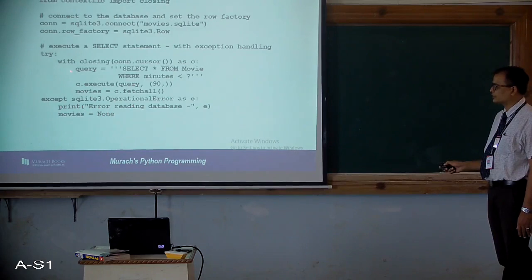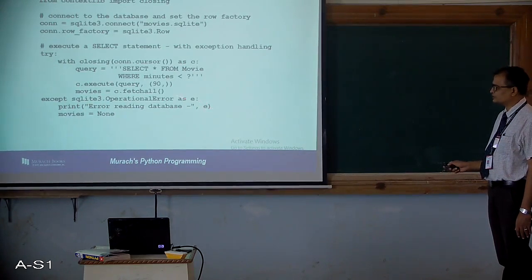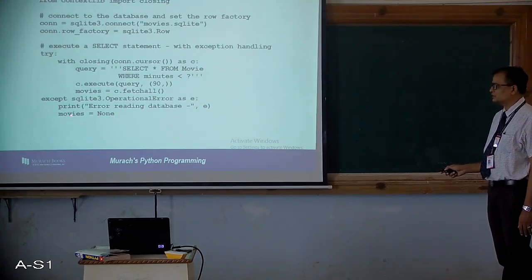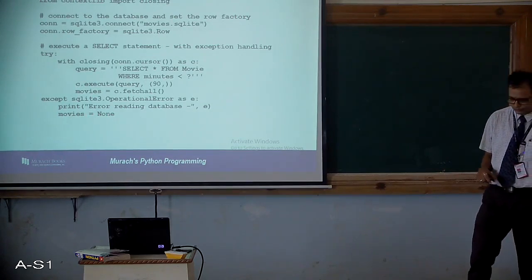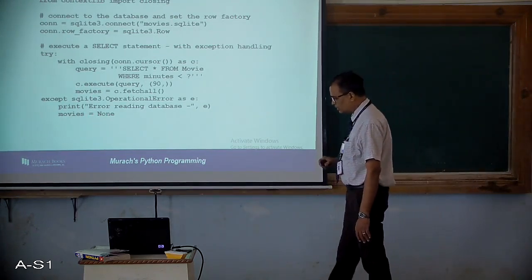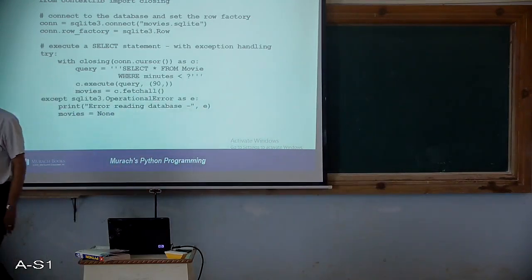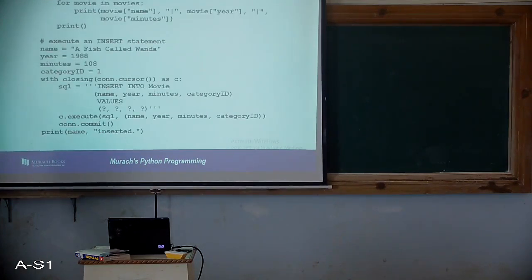If this fails, the exception gets raised and this error message is displayed, and since nothing is stored in movies, we set it to none. This is similar to null. Movies is set to none so that you can ensure later on there will not be any wrong operations on the movies record set.